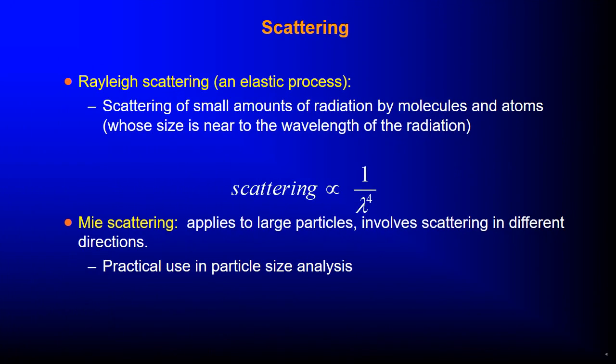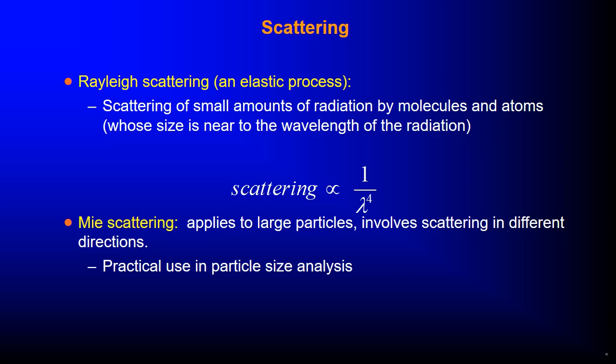Then we have what we call scattering. Rayleigh scattering, if you remember, Raman uses this scattering a lot. It is scattering of small amounts of radiation by molecules and atoms whose size is near the wavelength of the radiation.